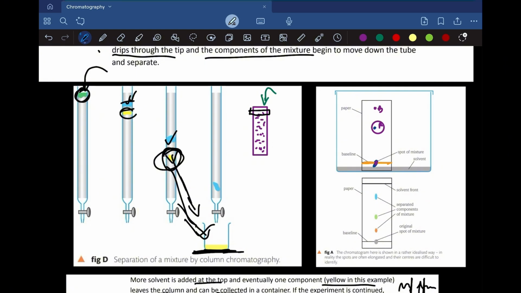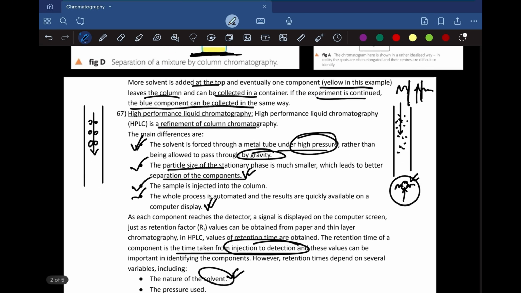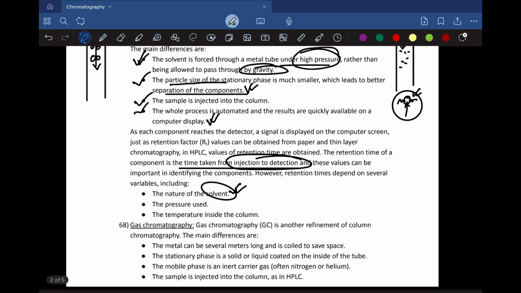Let's say this yellow one took 5 seconds to fall from this height, but if the solvent was much stronger, then it would have taken 3 seconds. So the stronger the solvent is, the lesser is the retention time, from injection to detection.